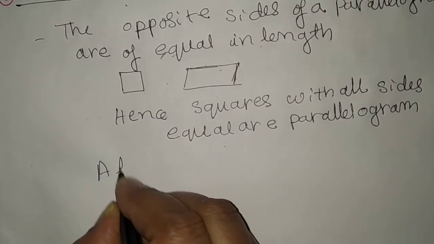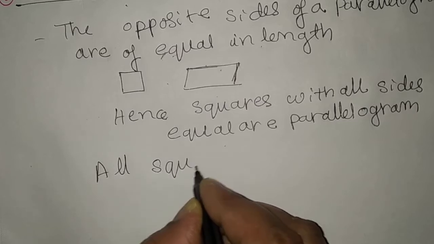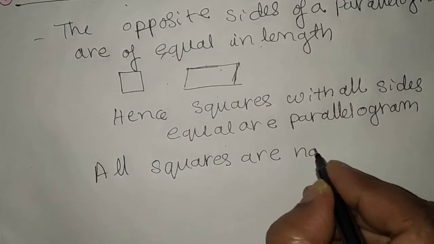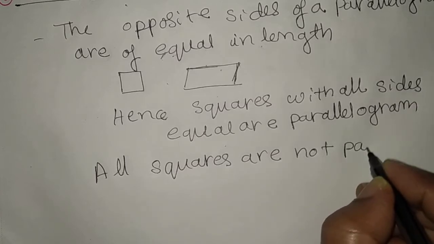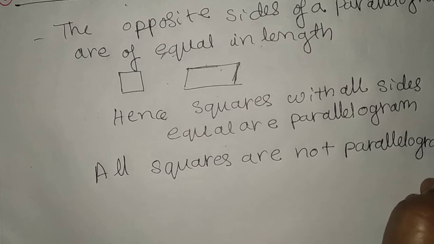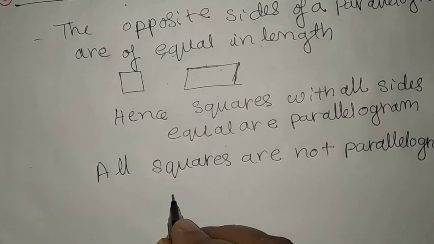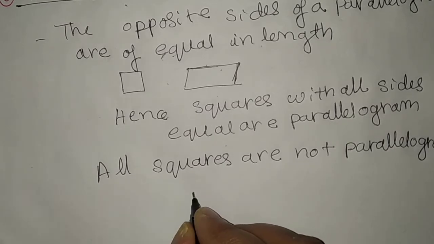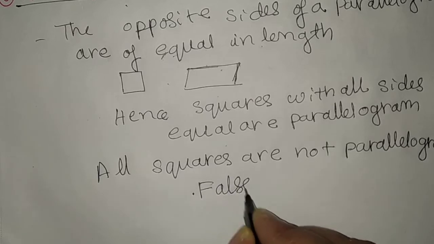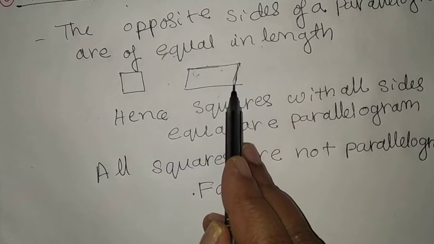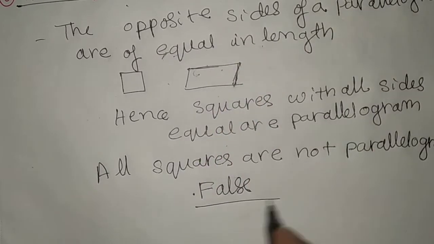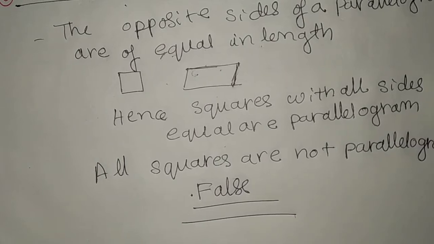Finally we can write all squares are not parallelograms. The answer is that this statement is false. It should be equal in length, but in the parallelogram sides will not be equal. So this is false.